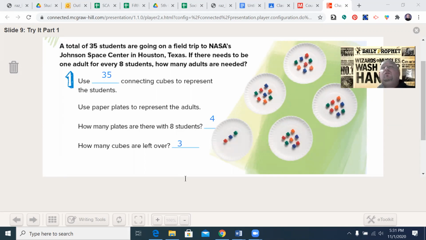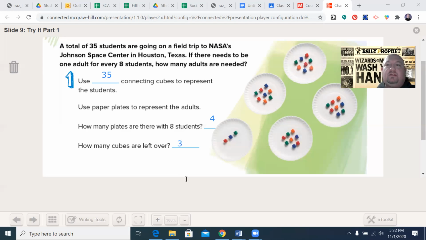So what do we do with that? Do those 3 poor kids get stuck, can't go, have to go to another grade and do homework all day, while their friends are enjoying their learning, maybe, or maybe not. Maybe, just maybe, you'll find out that we're going to have to get another adult.